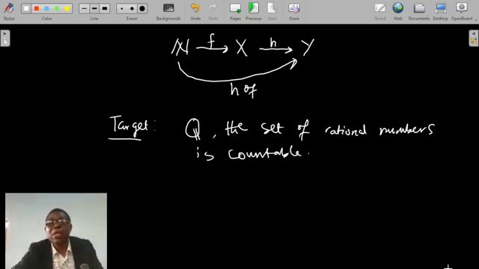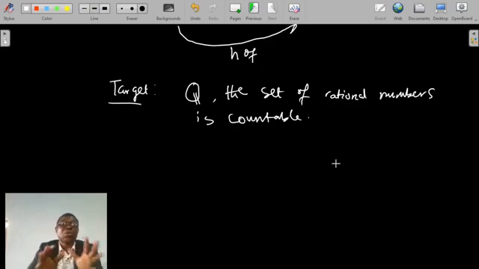This is what I would like to establish now. So how do I do this? To be able to do this, let us go as follows. I will do the following construction.